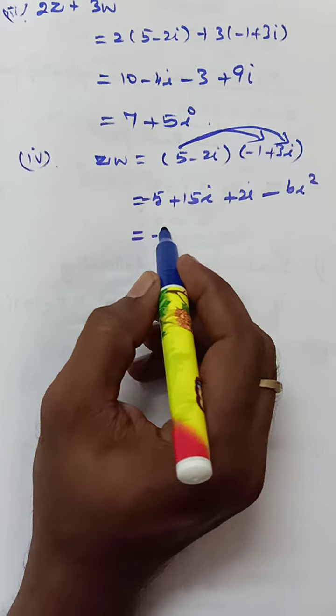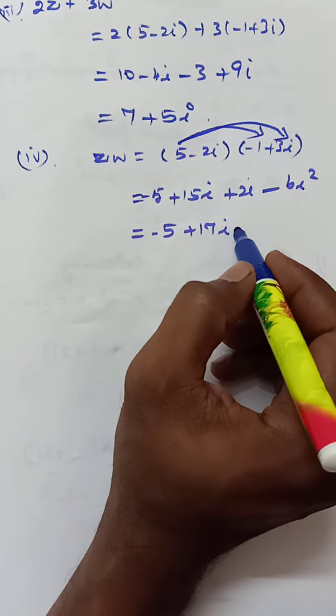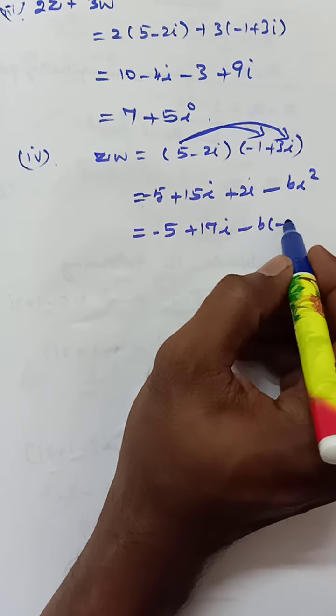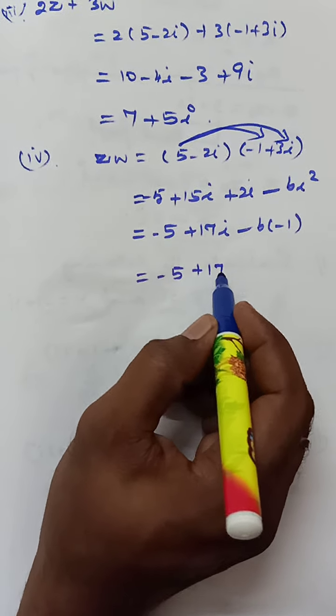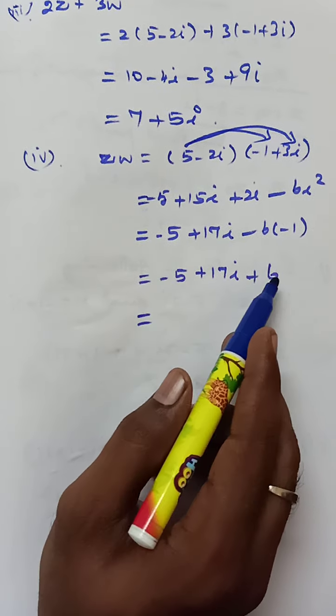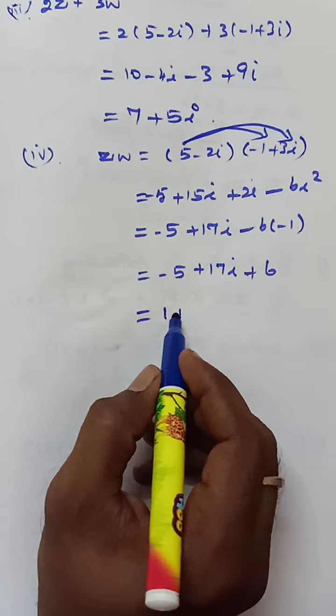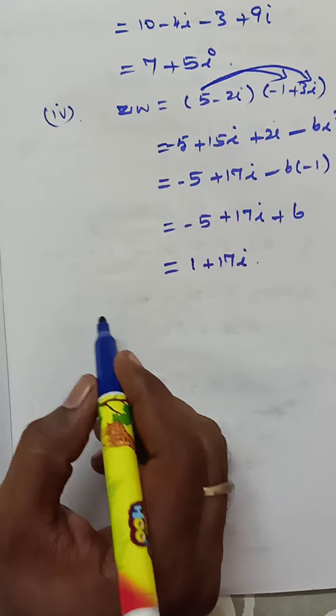So the answer is minus 5 plus 17i minus 6 into i square value, minus 1. So minus 5 plus 17i plus 6. So 6 minus 5 is 1, plus 17i. That's it, your fourth one.